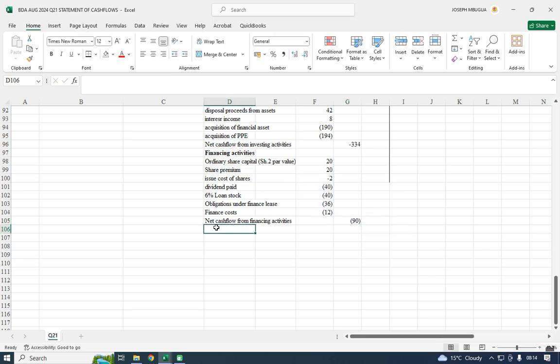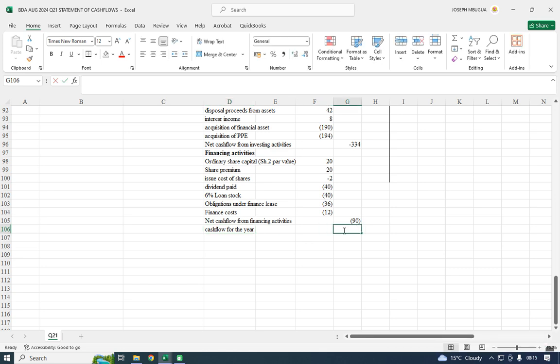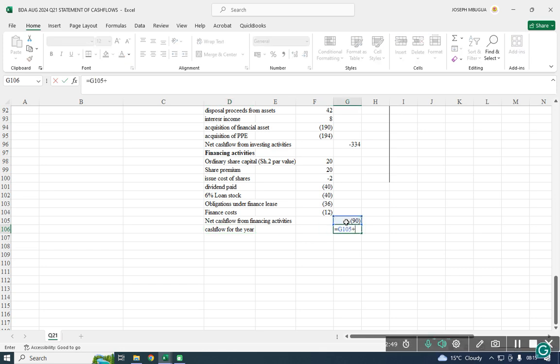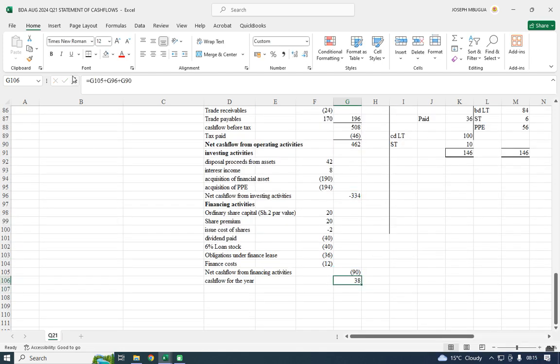So we get the net cash flow for the year. So the 3 of them give us the cash flow for the year. We add this and we add this, and we'll find our cash flow for the year as 38.